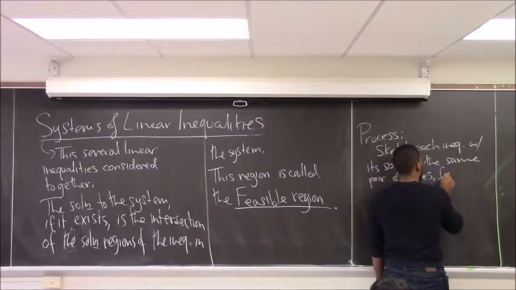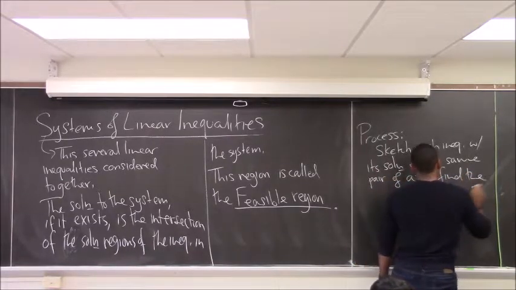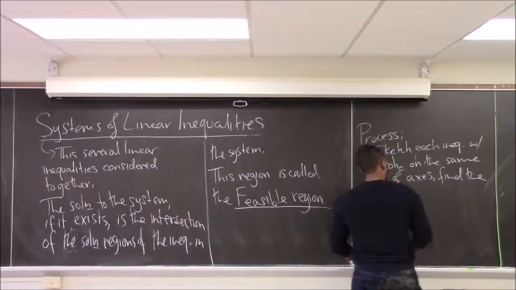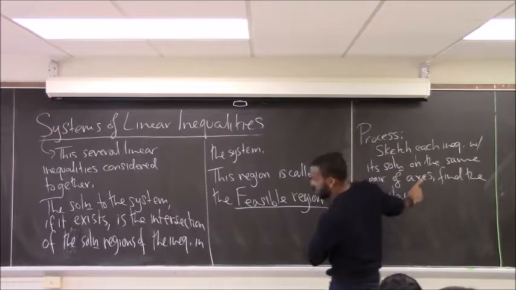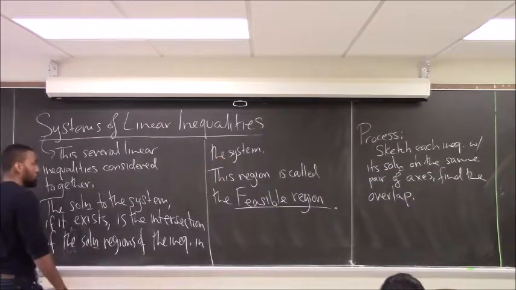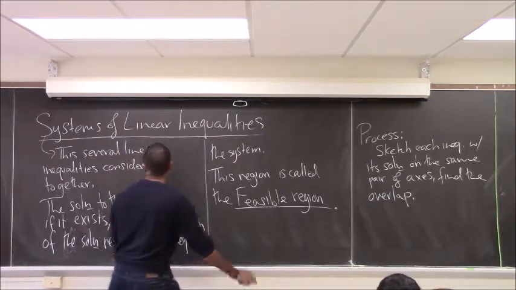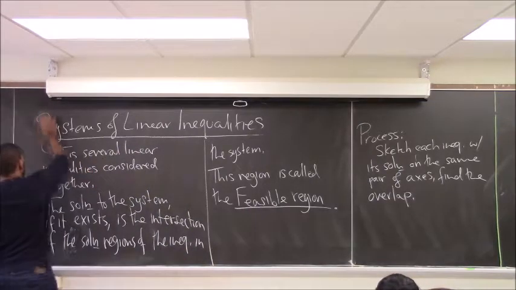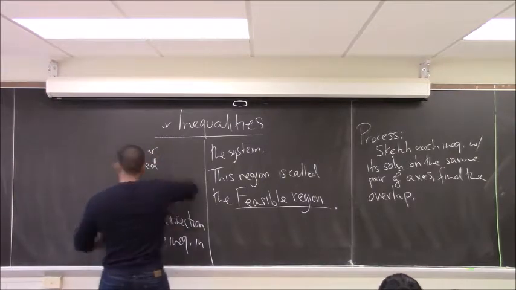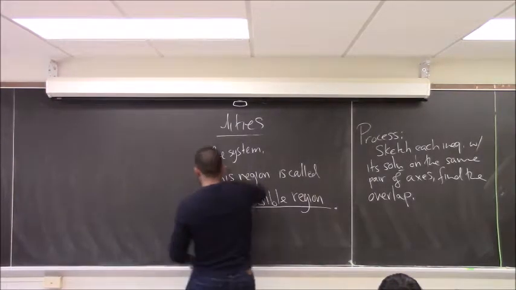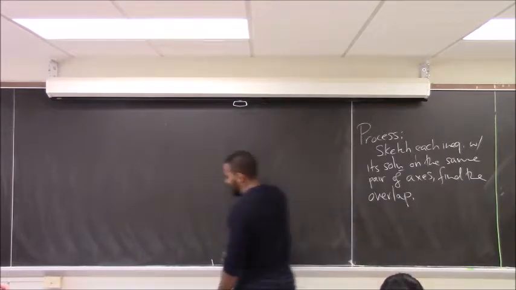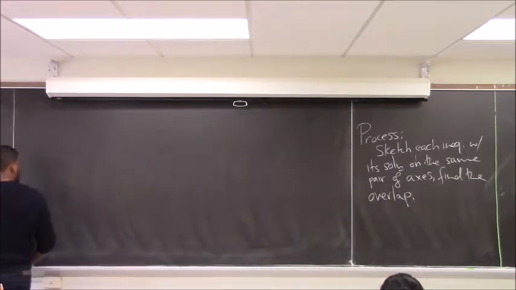Because I already showed you how to do this for individuals, I probably want you guys to start off trying to do it for a system. So just do what I showed you last time. Just do it all for each thing in this system, one at a time, on the same pair of axes.